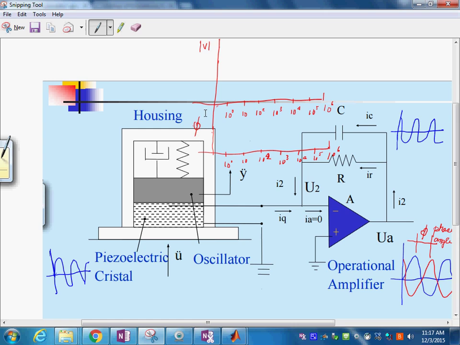So the way this works is, on this one, I may have a plot that goes something like this, sort of like the shape of the way you're going to get your response in here.